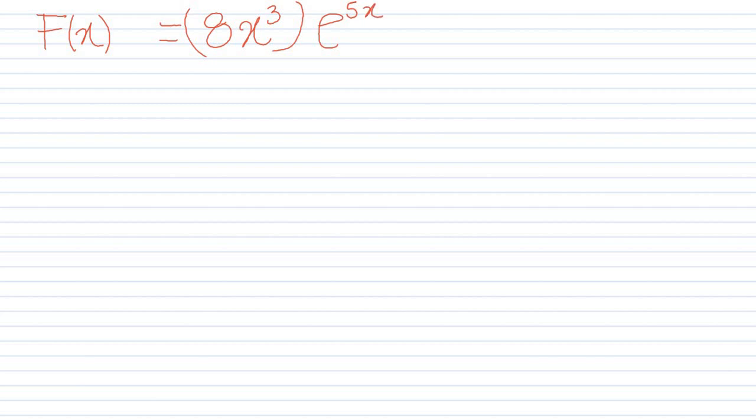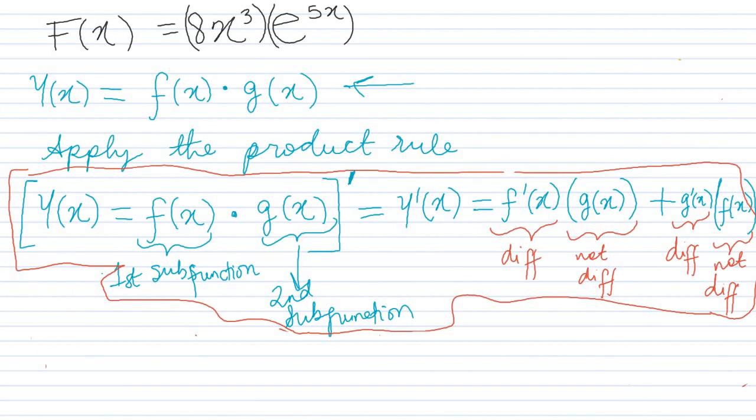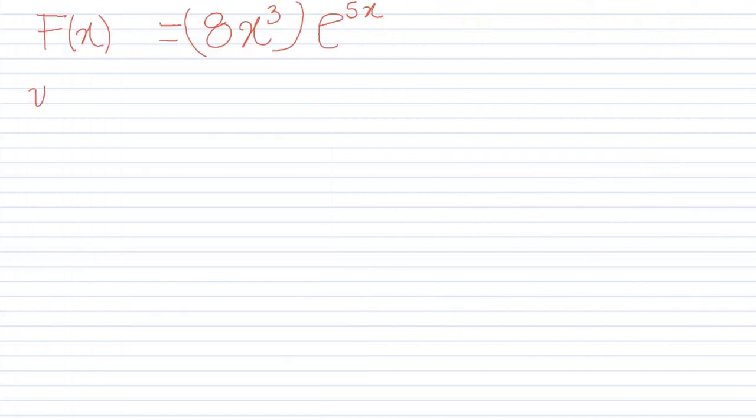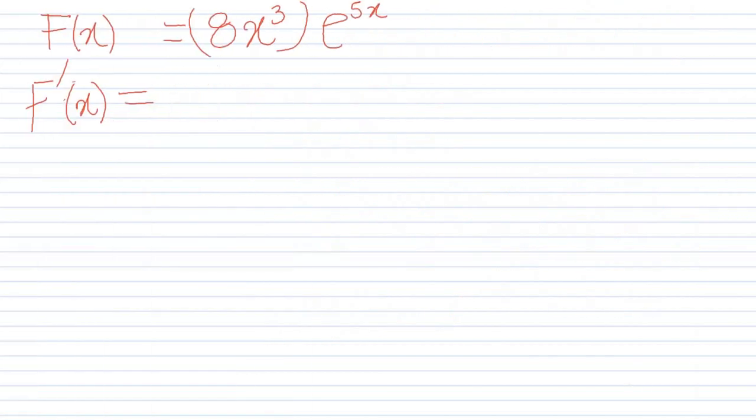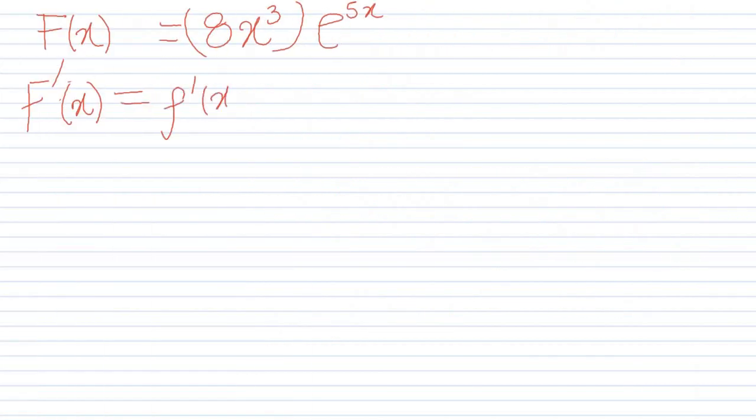So what do we do? We already know what the product rule looks like, so we're going to write that out. The general form is basically the function, so I can say y of x or f of x, it doesn't really matter. Let me just use capital F of x here. F prime of x equals, now this is the differentiated one, small f prime of x multiplied by g of x, right?